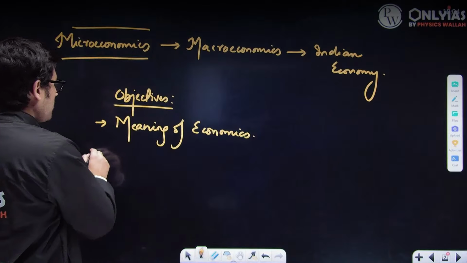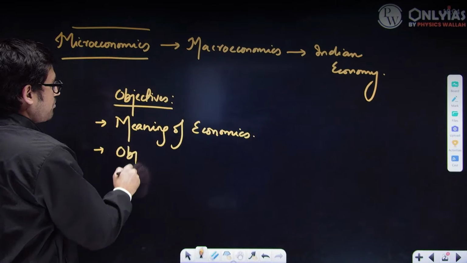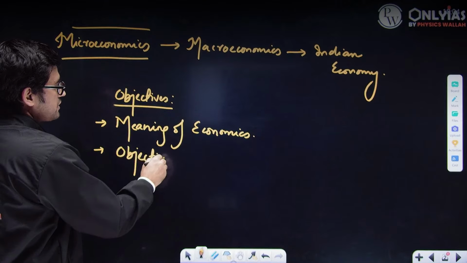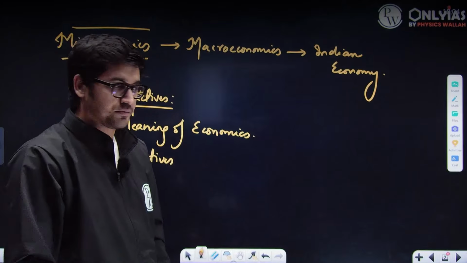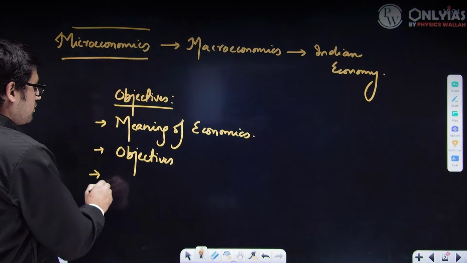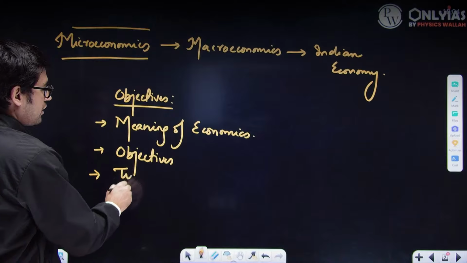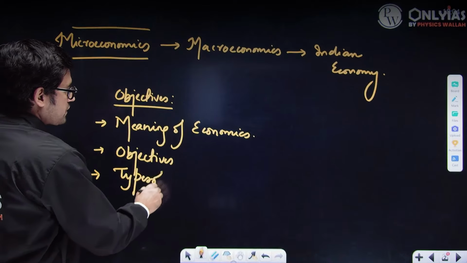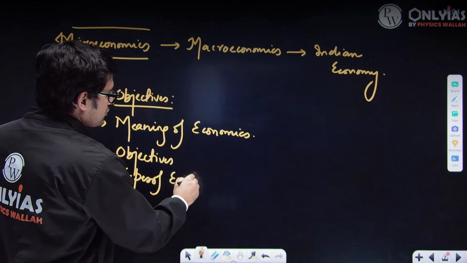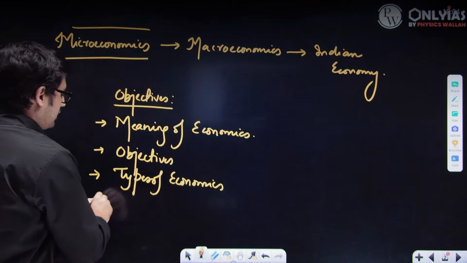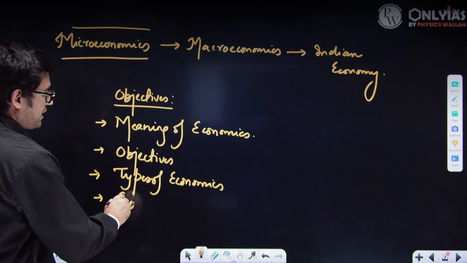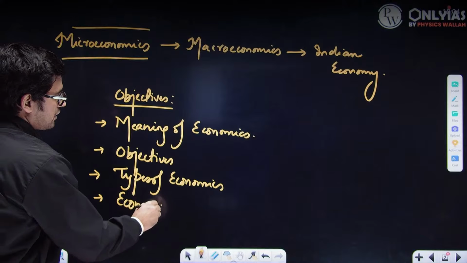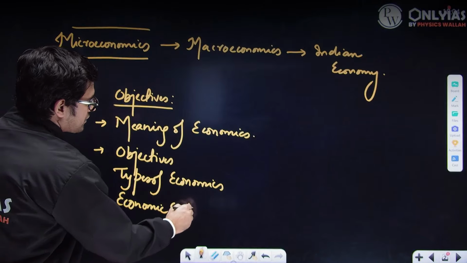We will have to talk about the objectives of the academic discipline, which is economics. We will also talk about the types of economics. And towards the end, we will also talk about what is meant by economic systems.